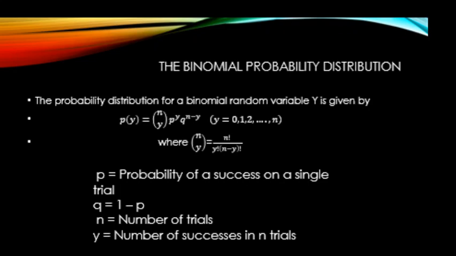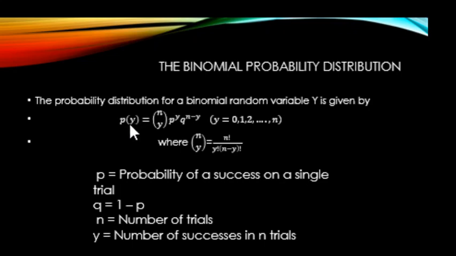We could have the second, the third coin, and then the 6th and 10th as heads, or 1 and 2 and 3 and 4, or all the combinations possible. So this formula gives us those possible combinations. It's n factorial divided by y factorial times n minus y factorial, times p raised to y. So this is how we expand n choose y. Then p raised to y and q raised to n minus y. And y can take values from 0 all the way to n.